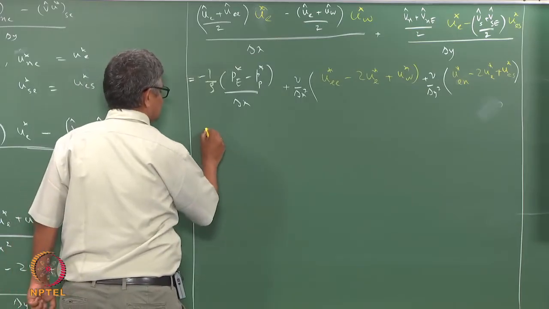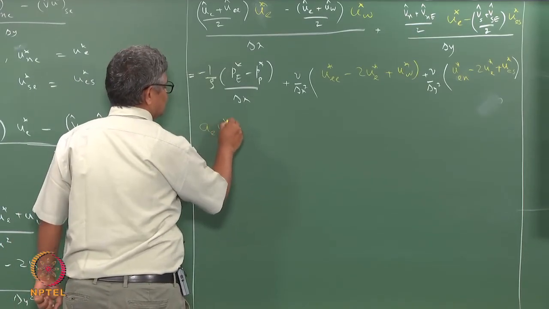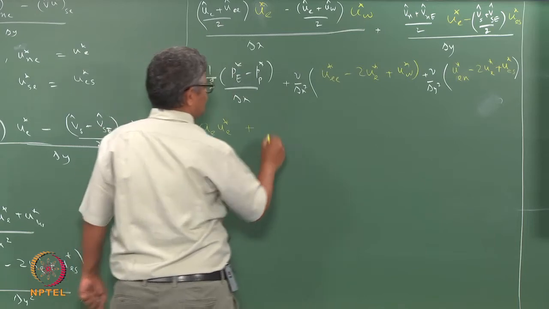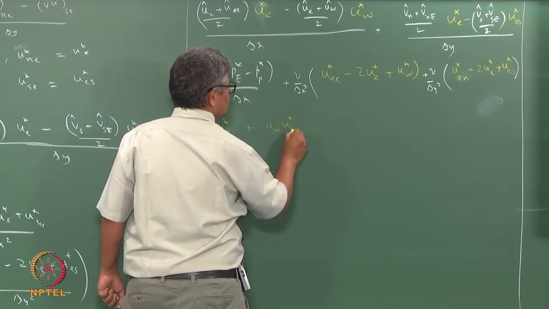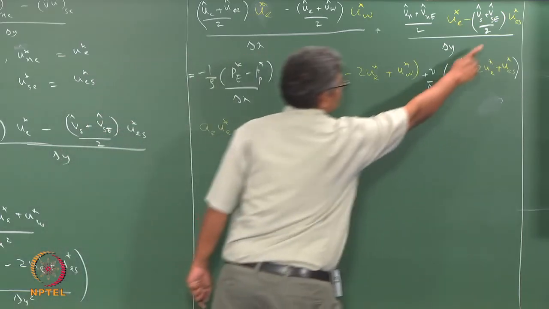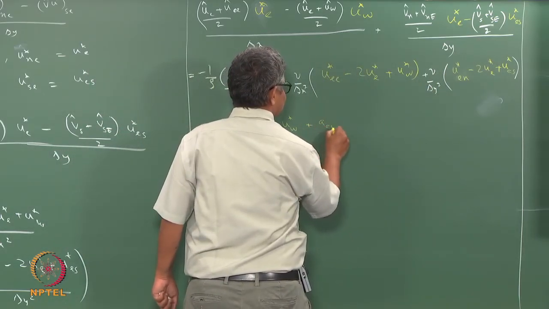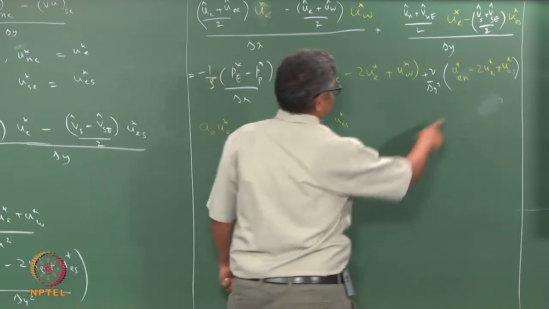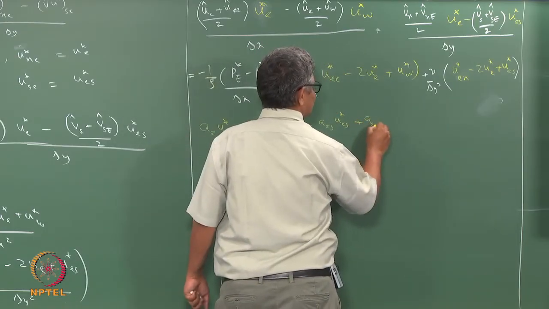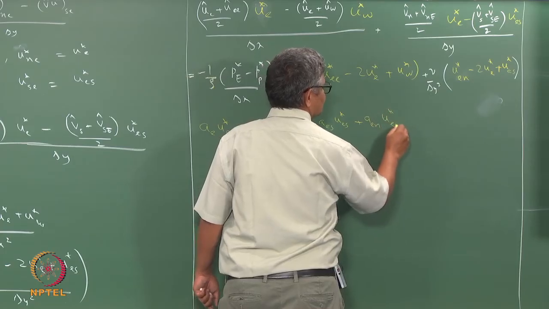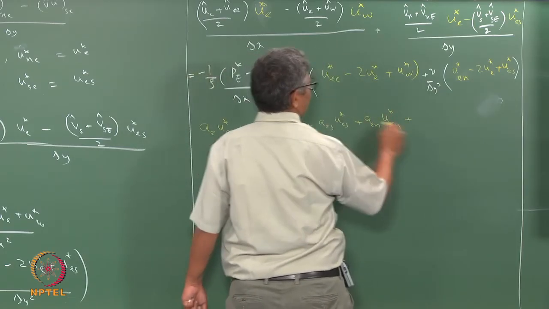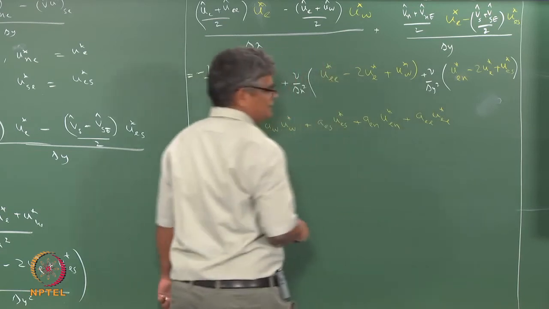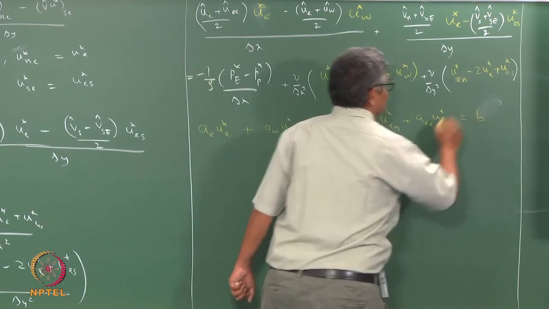So we can write this as AE times UE star, and then we have AW times U star W, and then we have plus AES times U star ES, and we have EN here plus AEN times U star EN plus AEE times U star EE equal to some B here.